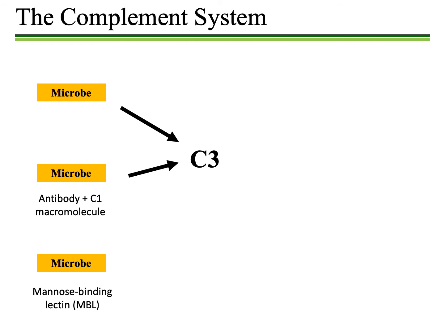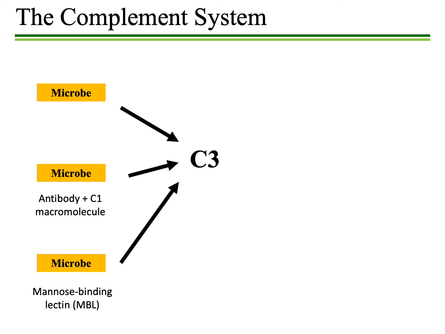Lastly, we have the mannose-binding lectin pathway. Here too, we have microbes being recognized by a protein known as mannose-binding lectin. Mannose-binding lectin interacts with the microbe, and this then triggers a signal transduction cascade and a sequence of events also leading to C3.